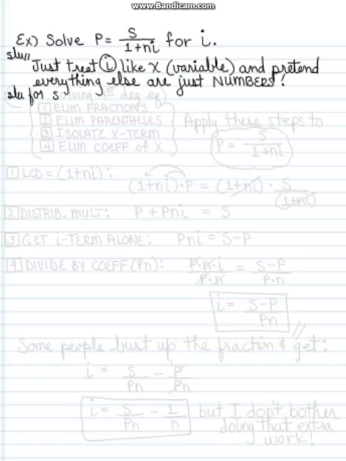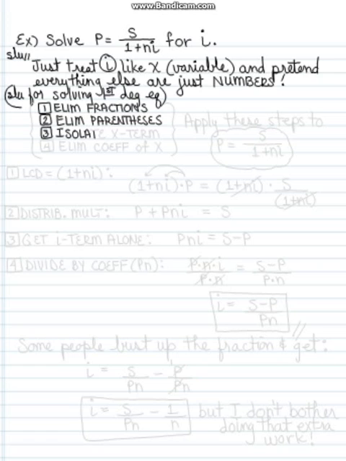We have 4 easy steps to get I by itself. Step 1, eliminate the fractions by multiplying both sides of the equation by the LCD. Step 2, eliminate parentheses by distributing multiplication across the parentheses.